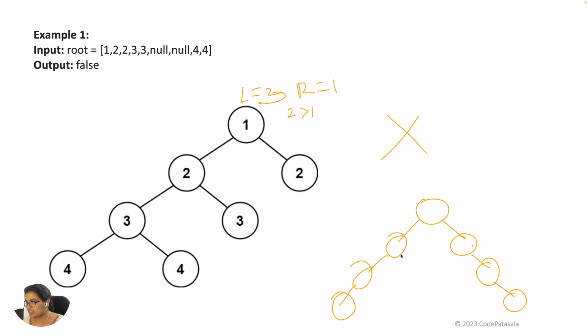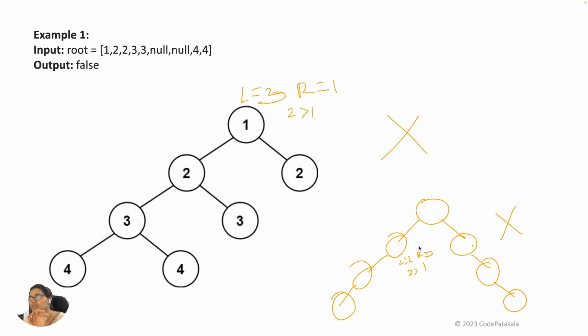But if you check here, the height of this node is 2 and it has no right children. So here left is 2, right is 0. The difference is 2, which is greater than 1. Hence, this tree is also not a balanced tree, which is why we should check at every node.